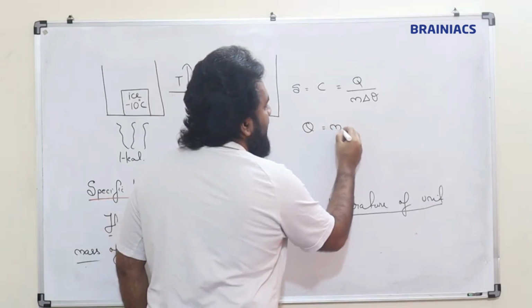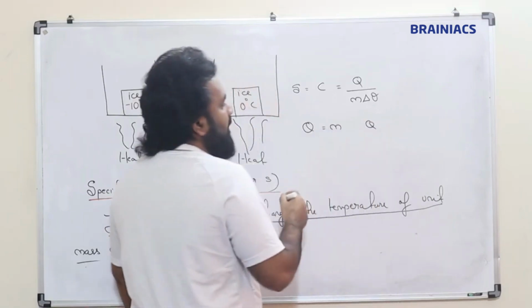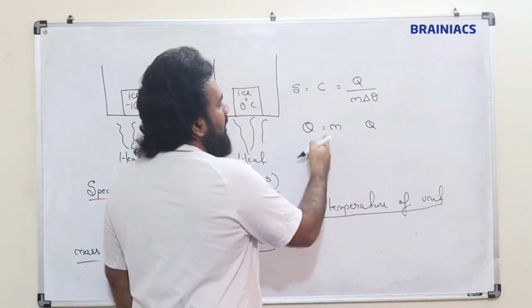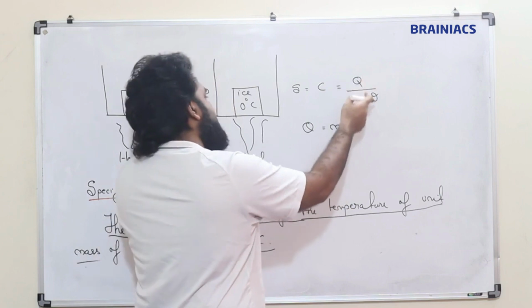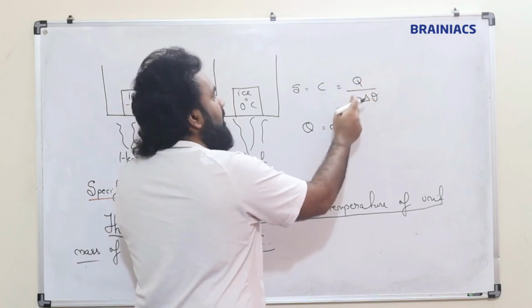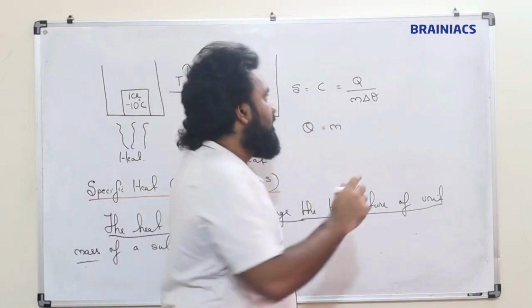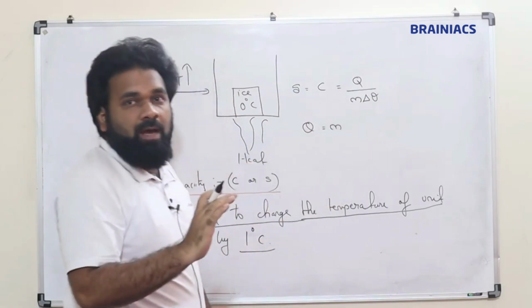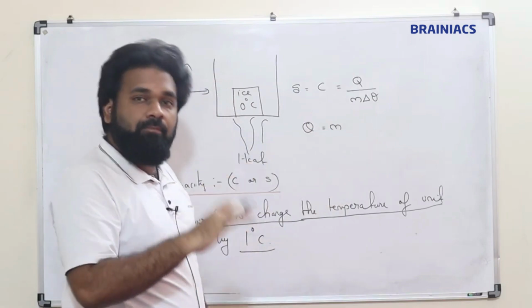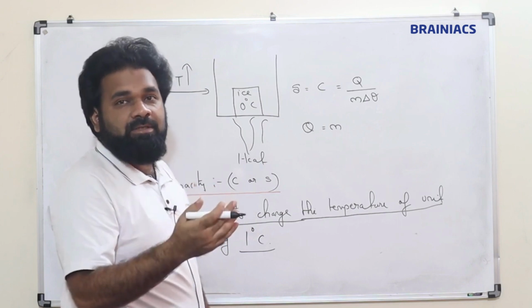If it is Q, this C is for 1 gram for 1 degree change. Now suppose I need to find for m gram or m kilogram for delta theta change in temperature.